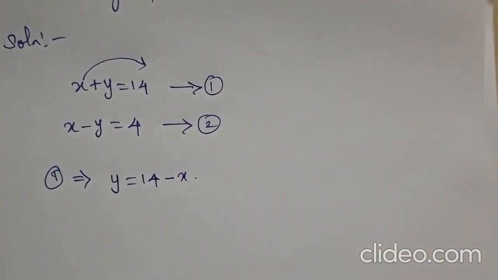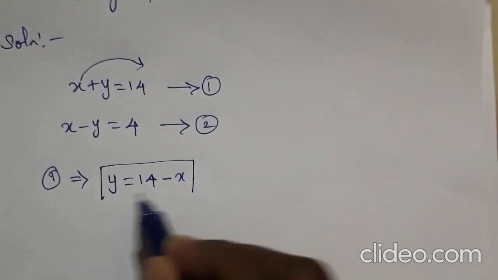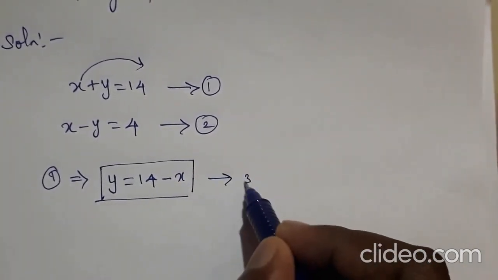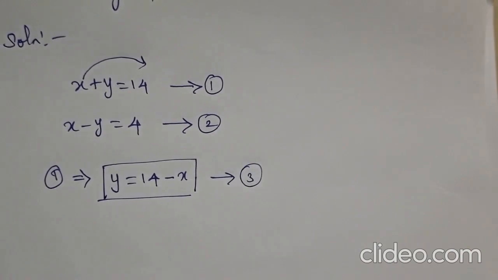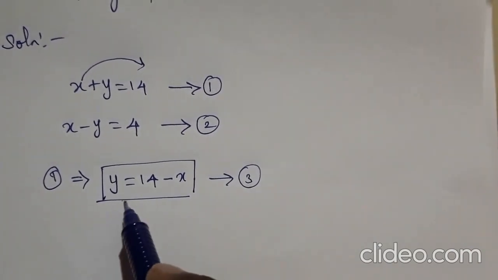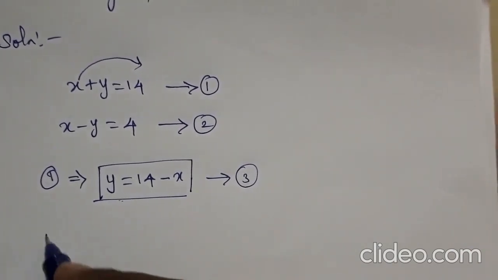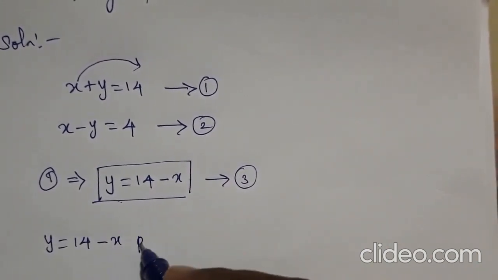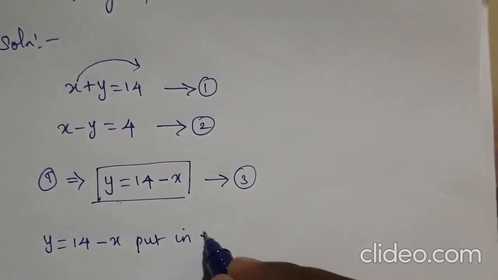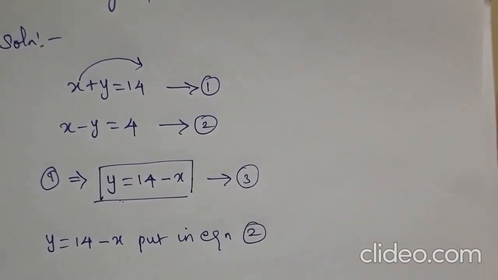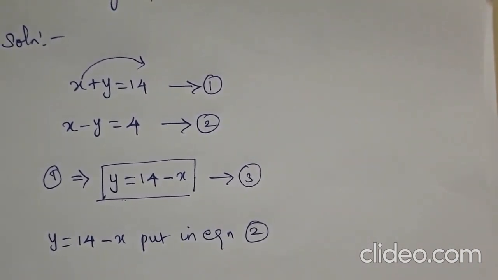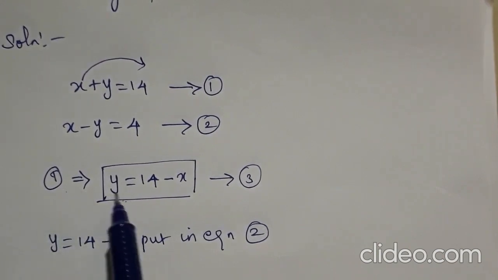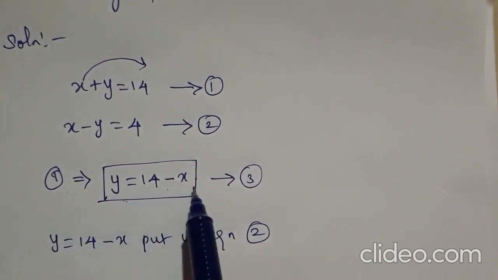Keep this as equation 3, that is y is equal to 14 minus x. Put it in equation 2. From equation 1 we got y is equal to 14 minus x.